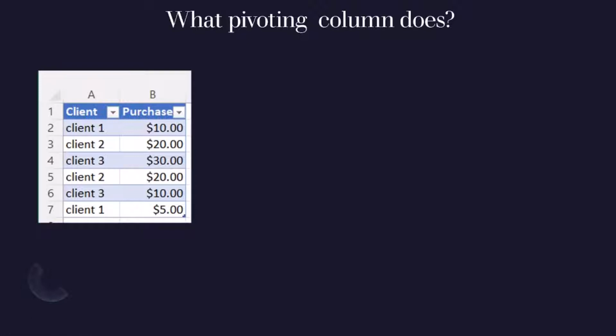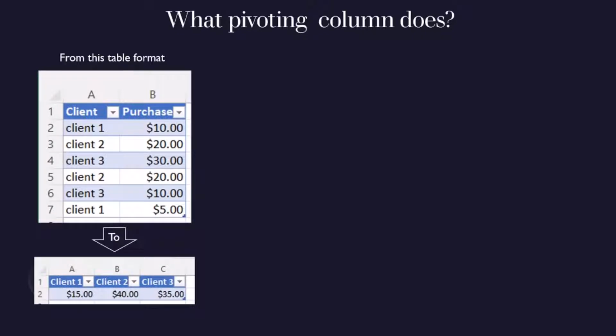In this table, you have two columns, column A and column B. In column A, I have all my clients 1, 2, and 3. And in column B, I have the purchases of each of my clients. What I want to do is create a new table from this original table where I will aggregate the purchases for each of my clients.